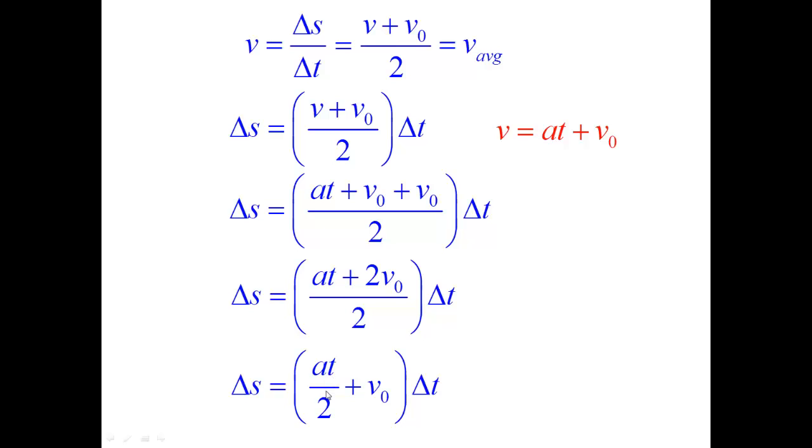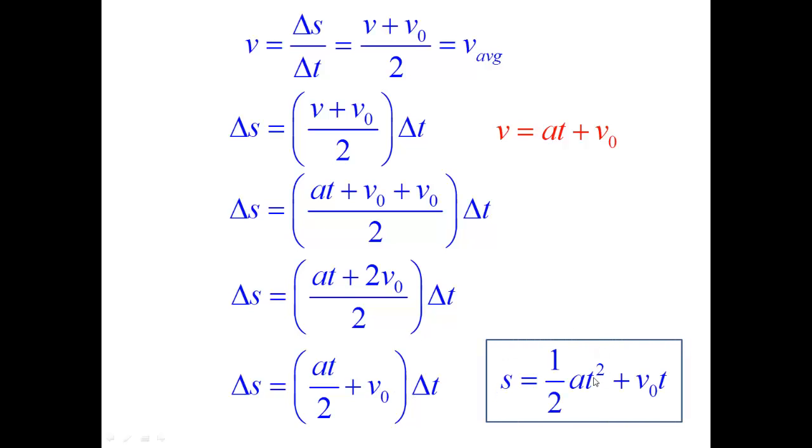I've got at over 2 plus v naught. Now, this is the point where I realize delta t is really just t, just like we did in the acceleration problem. Delta t is t minus t naught, assuming that t naught is 0. It's just t. If I distribute that t across, I get at squared over 2 and v naught times t. And right here we have our position equation.